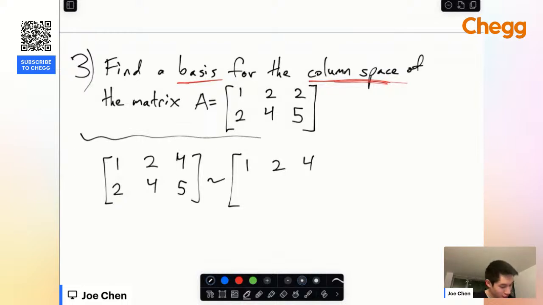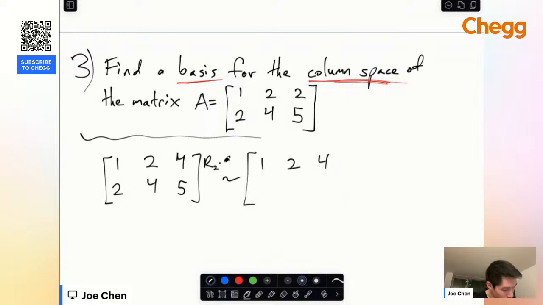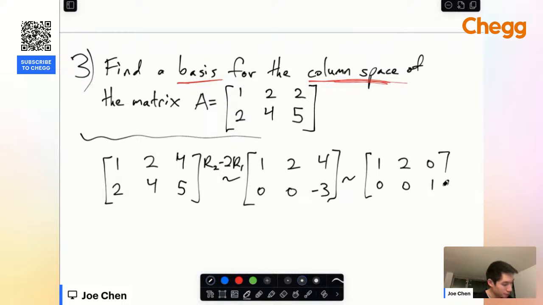We do that by taking the second row and subtracting twice the first row. And we get 0, 0, and -3. Okay, which can then be row reduced to 0, 0, 1, and then 1, 2, 0.